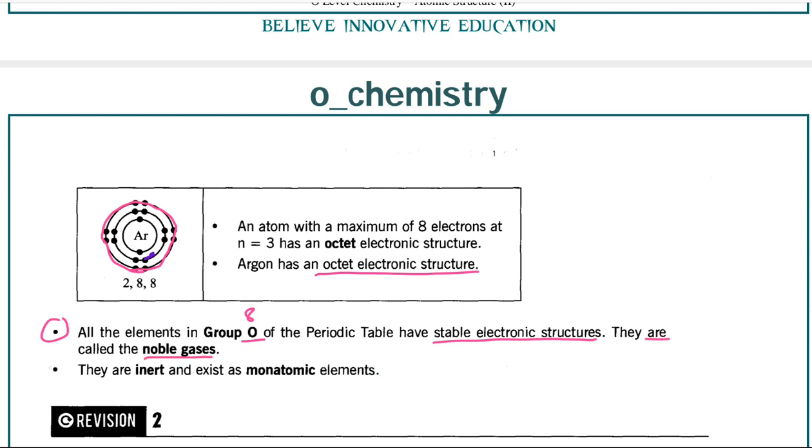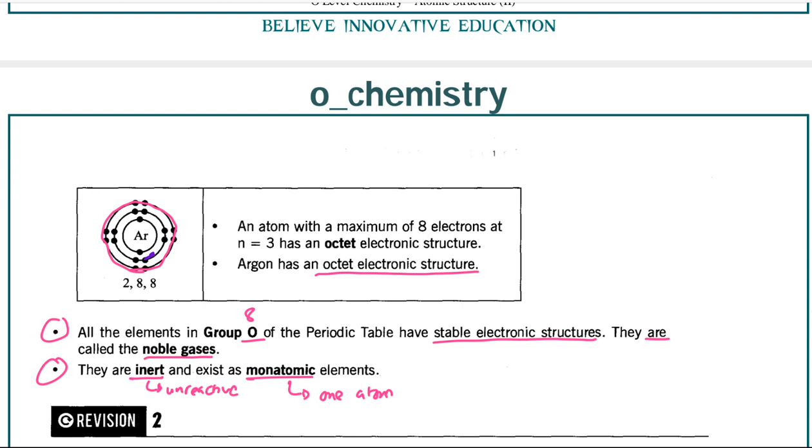In other words, they are inert and exist as monoatomic elements. Inert means unreactive, and monoatomic means it's only one atom that gives the element.